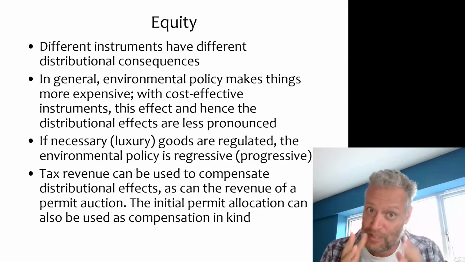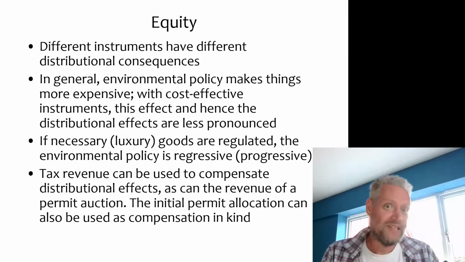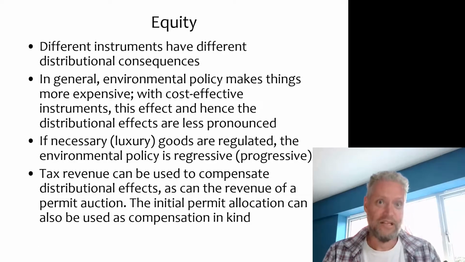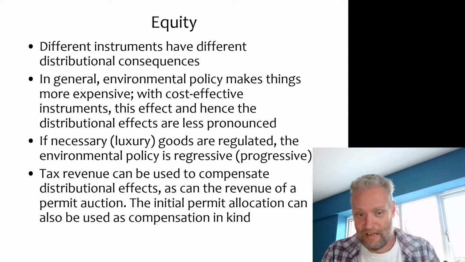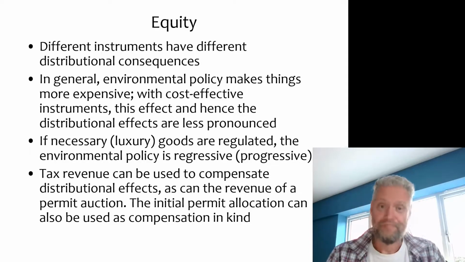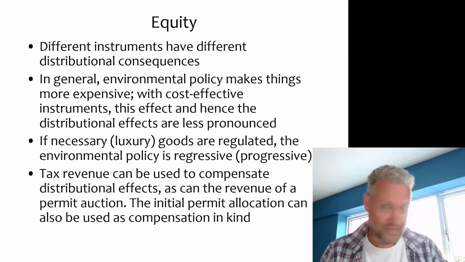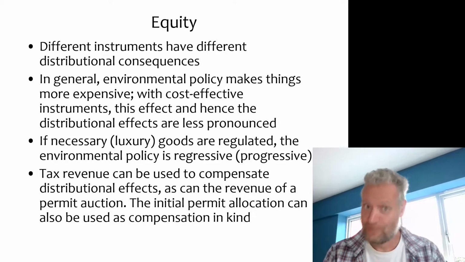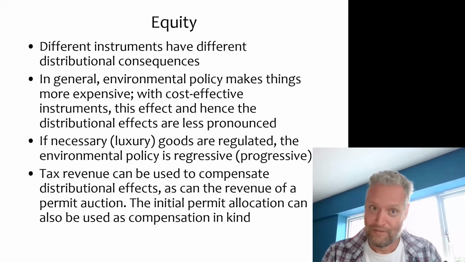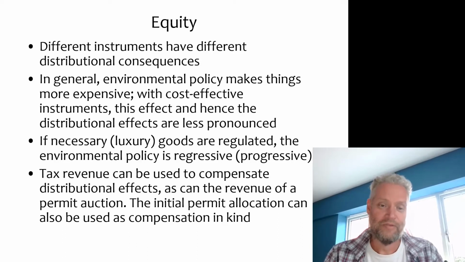Of course, if you use subsidies, then the government does not have money. Actually, the government lost money. So taxes are good in that sense. But these equity concerns are real and need to be thought of, and with some instruments can actually be countered. Of course, if you use direct regulation, then the government doesn't have revenue either. But with taxes and auctioned tradable permits, you do.